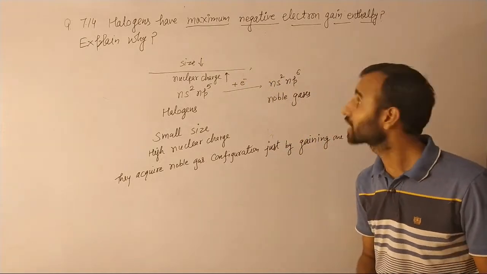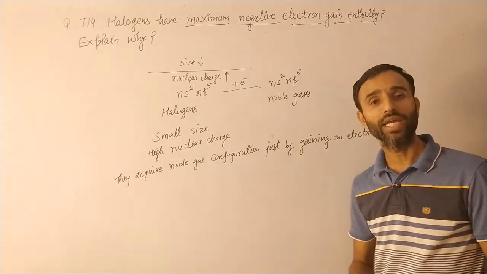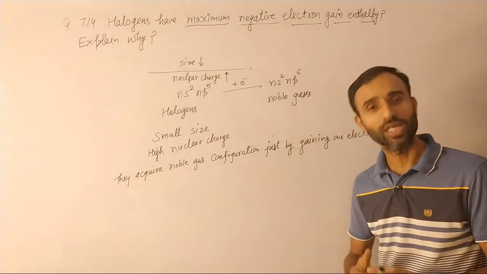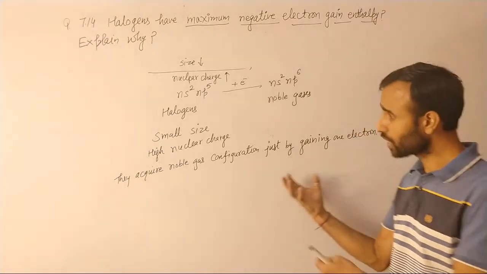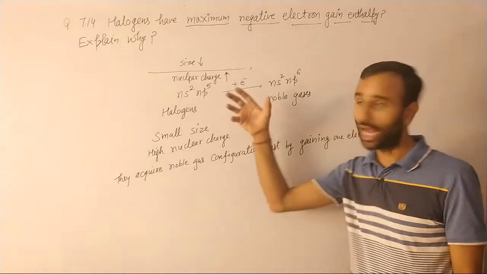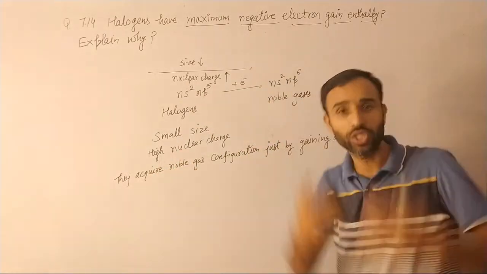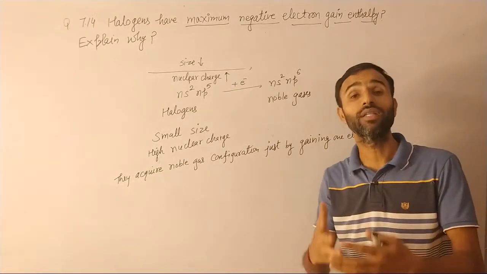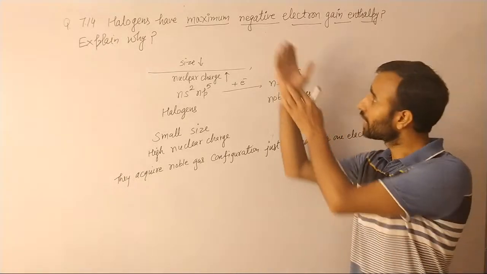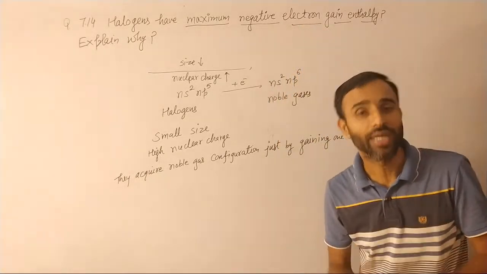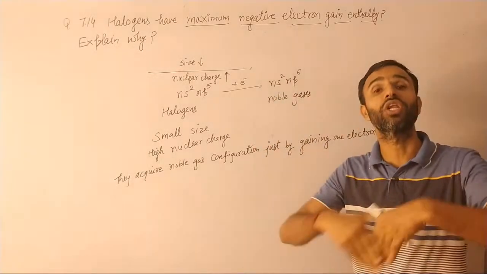Because what is electron gain enthalpy? Amount of enthalpy change when an electron is added to an isolated gaseous atom. So when one electron is added to halogen, they acquire noble gas configuration. So they become more stable, or we can say extra stable, and that's why their electron gain enthalpy is very high. Okay, so negative means energy is released.